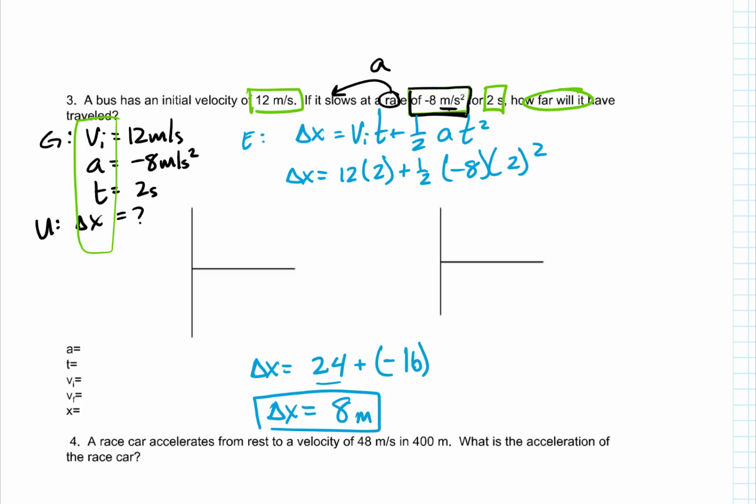So, for our graphs, let's start off with velocity versus time. I know I start off with a positive initial velocity. That's positive, so we're up here, but my acceleration is negative. Now, on a velocity versus time graph, negative acceleration means that our velocity gets more negative.